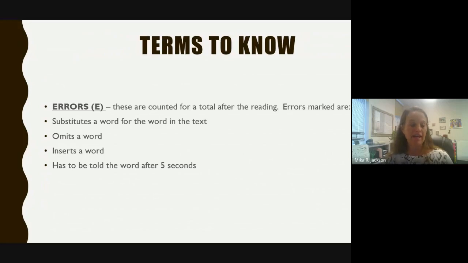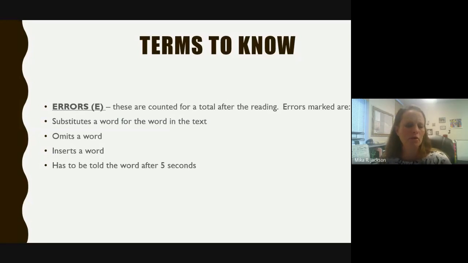If they just leave the word out completely, like the brown fox jumps, and they just say the fox jumps, that would be an error. If they insert a word or something in the word, so the brown foxes jump, that would be an insertion, or the brown happy foxes jump, that would be an insertion too.